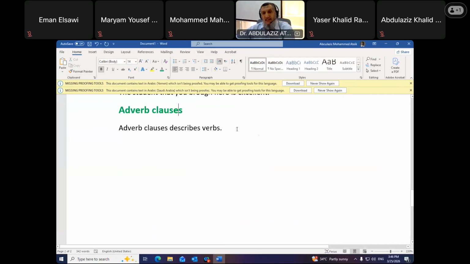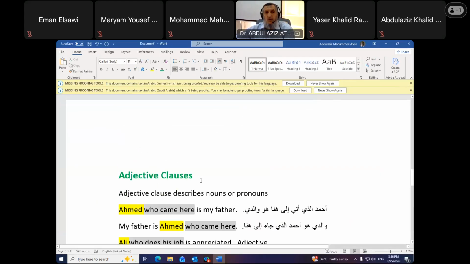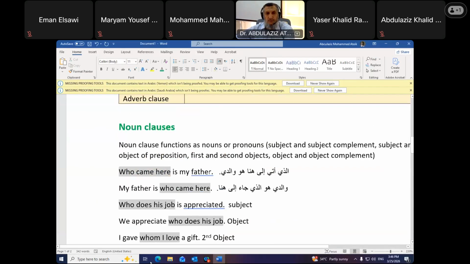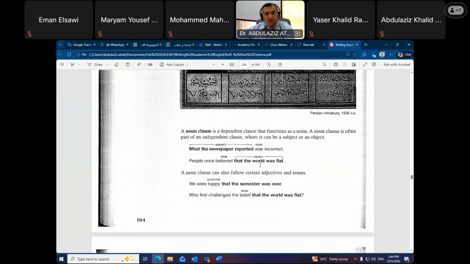So we can use them here as conditional. Okay, this is noun clauses. Also, a noun clause can come after an adjective. We were happy that the semester was over. Yes, it can come after a verb or it can come after an adjective. Both are noun clauses.